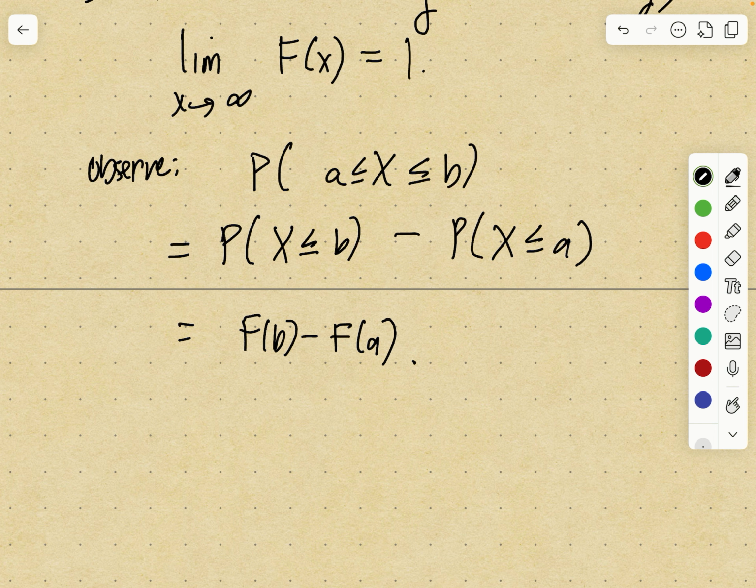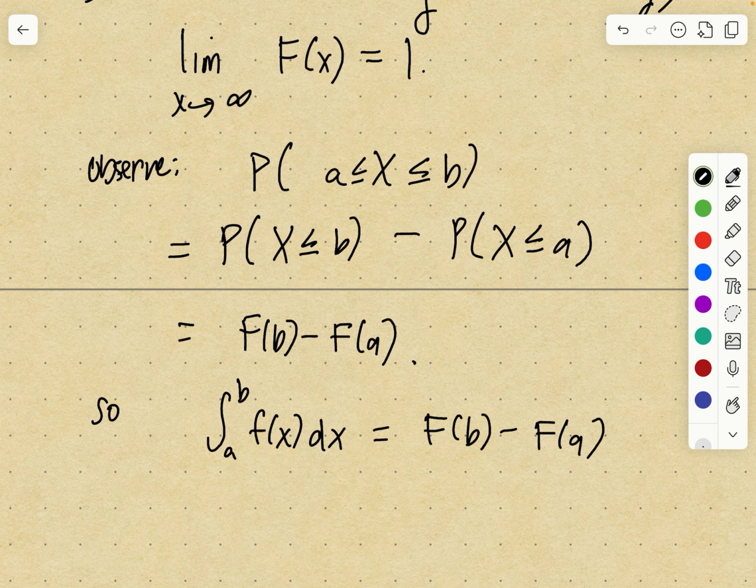Okay? And when X has density function little f, the probability that X is between little a and little b is the integral from a to b of f of x dx. Right? And so this is capital F of b minus capital F of a.